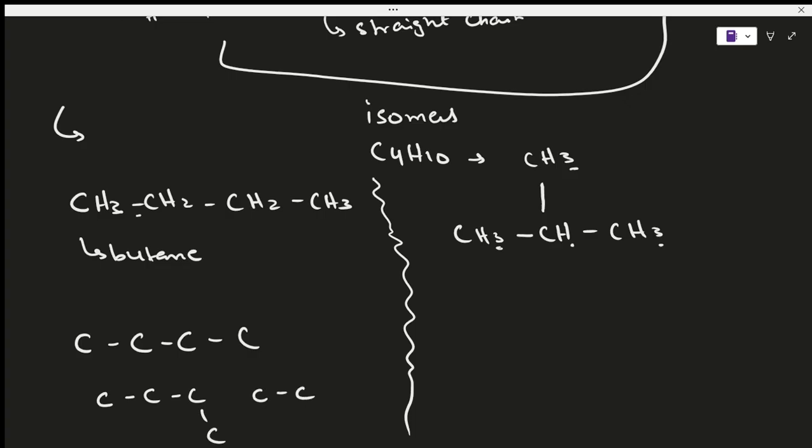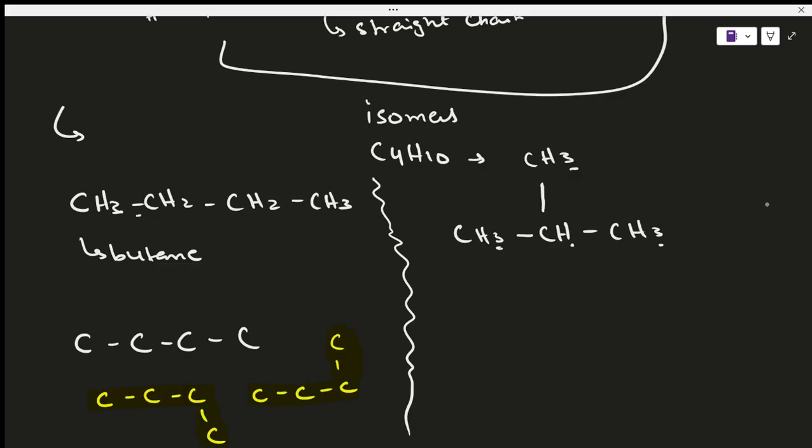Again, if I try to highlight this like this, and this like this, and also like this, what do you think? Is this a branched chain or a straight chain? The answer is a straight chain. And the reason is, again, is there a point of break here?